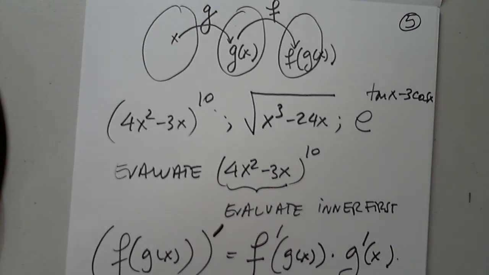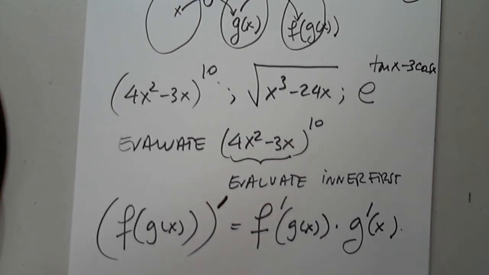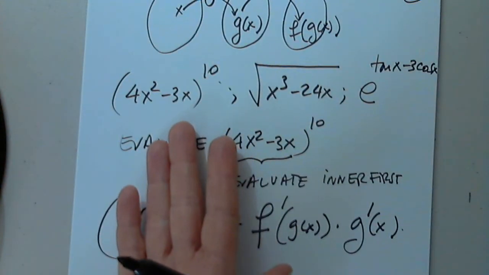So you can say, okay, it's not going to make any difference if I do this. True. But as a matter of habit or order, we always differentiate the outer, then we continue with the inner, and the inner, and the innermost, and that's the chain from the outer to the inner. Now, how do I differentiate the power?